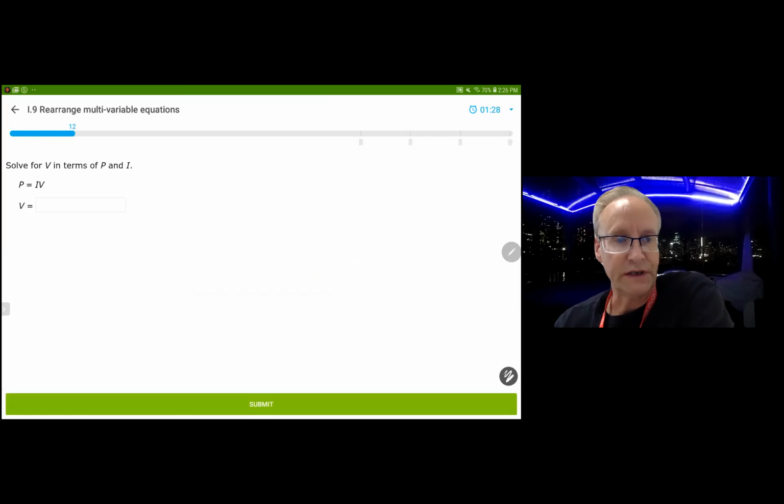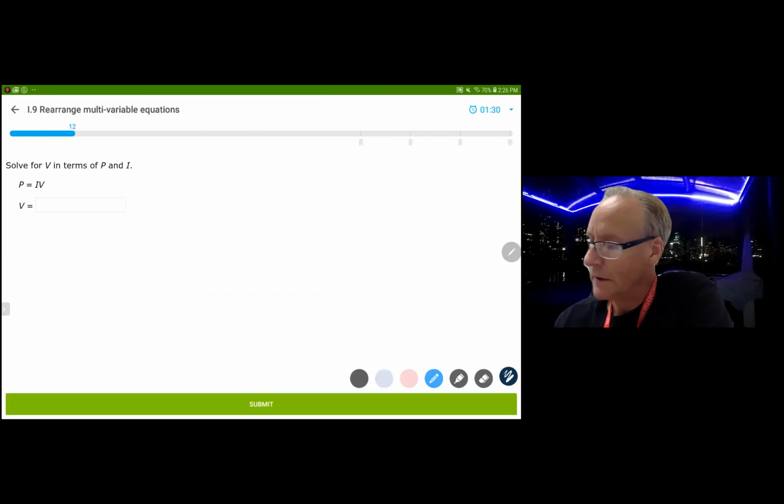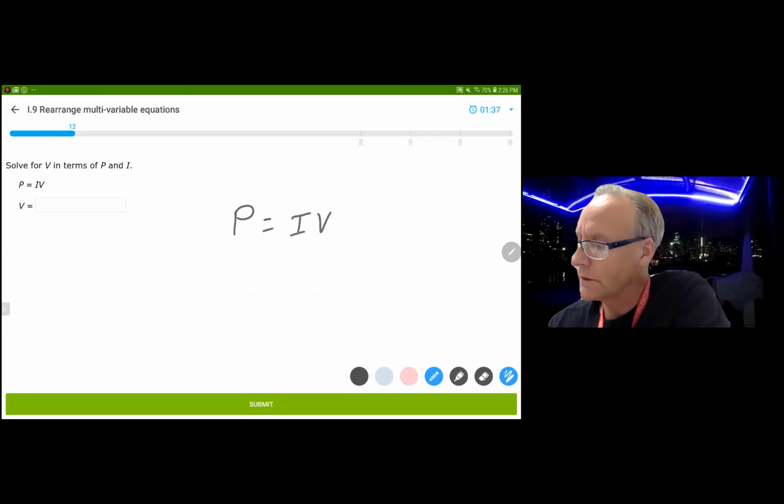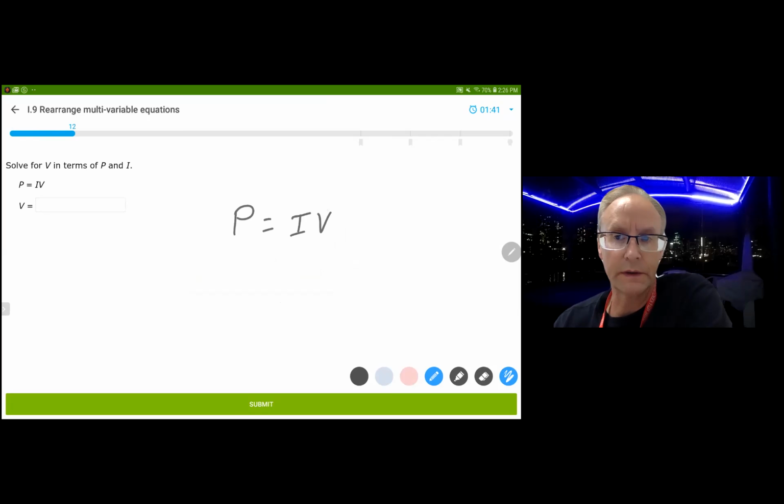Now, this is a much easier problem than the first. We've got P is equal to IV. Is that current? No, it's not about current and voltage. Well, it's power equals current times voltage. Current is I. Can't remember exactly why. But anyway, they want us to solve for V. So V is the voltage, and so I'm going to divide by I on both sides.